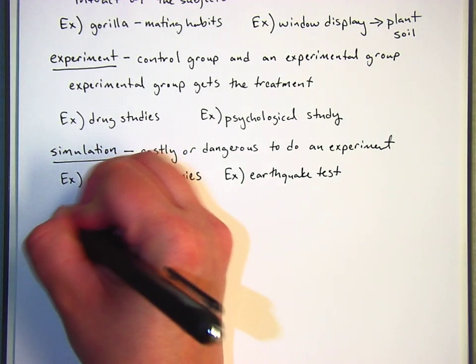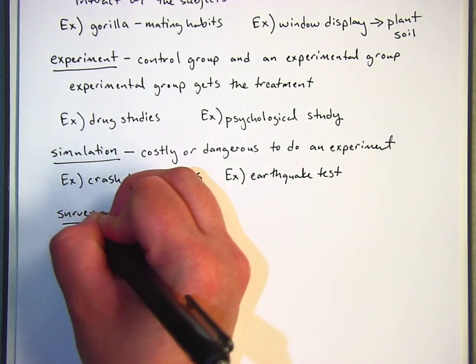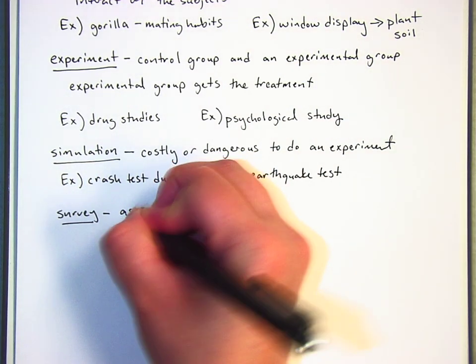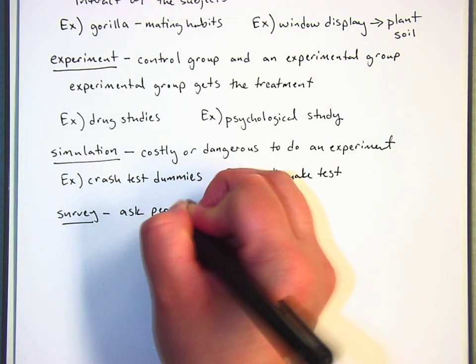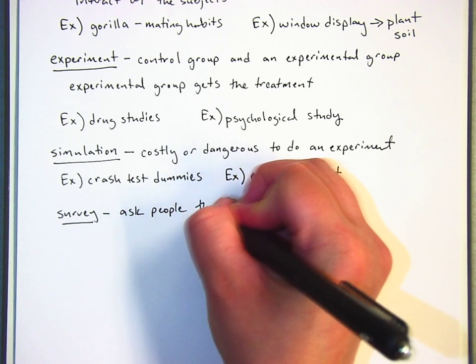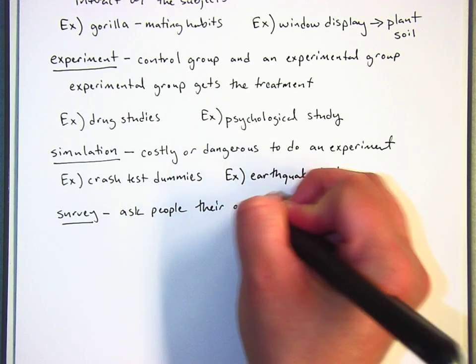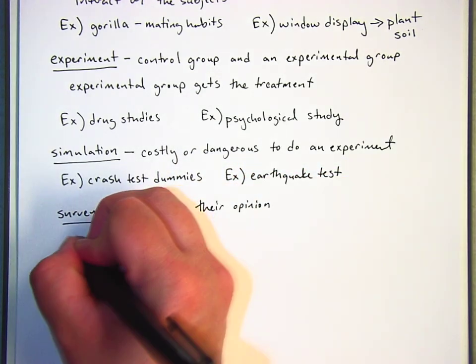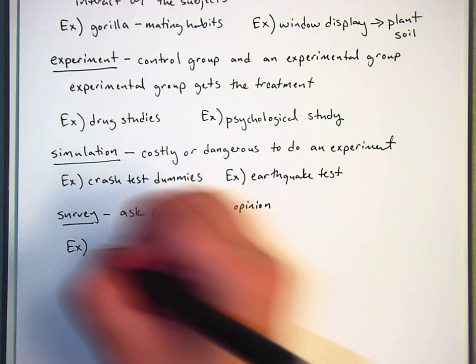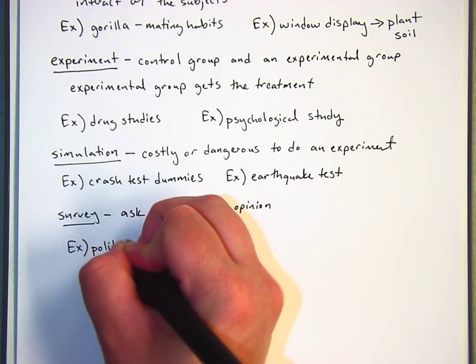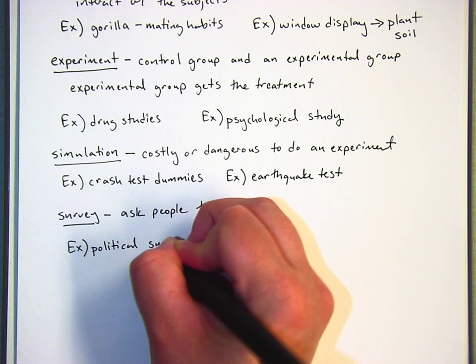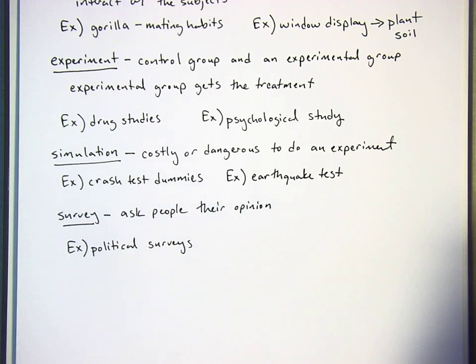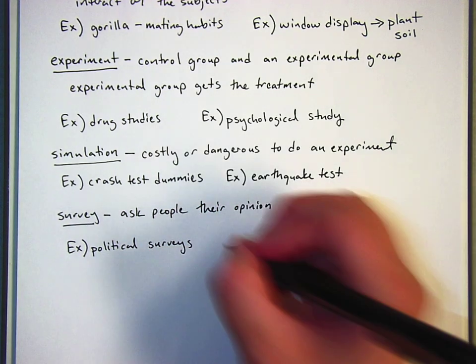The final one is a survey. This is just asking people their opinion. This is like any political surveys. This is likely any kind of survey that you would find online.